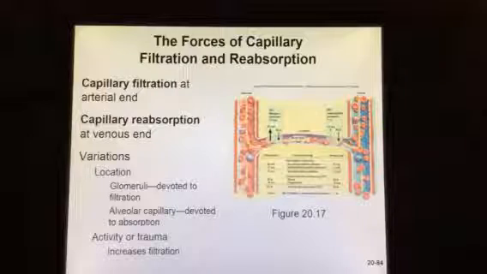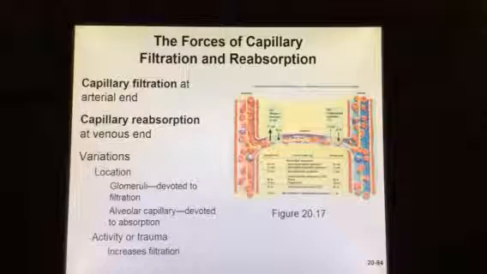I would encourage you to look at this picture a little closer in your textbook. It's going to be a little hard to see on this slide, but it shows that filtration is happening at the arterial end of the capillary, and reabsorption is happening at the venous end. In my opinion, that feels like a very short distance for all of this to happen, but these pictures are showing a short little capillary.